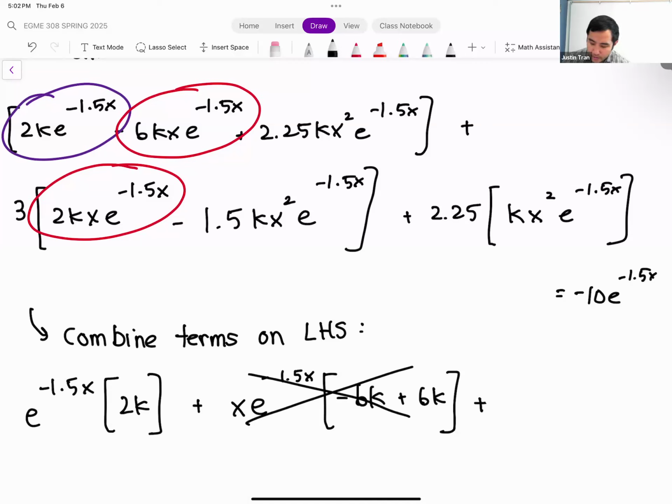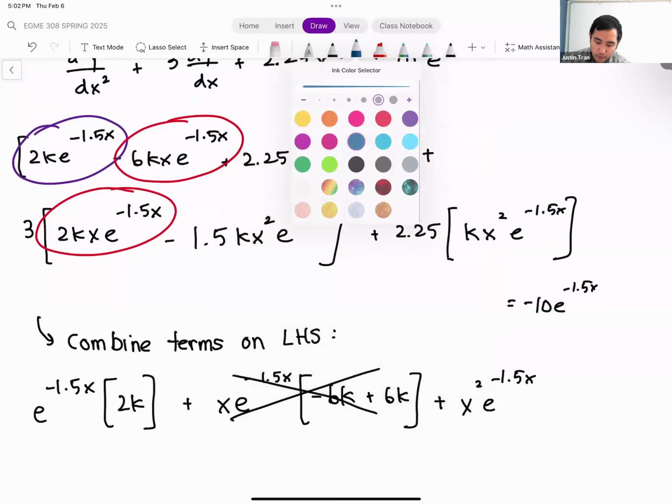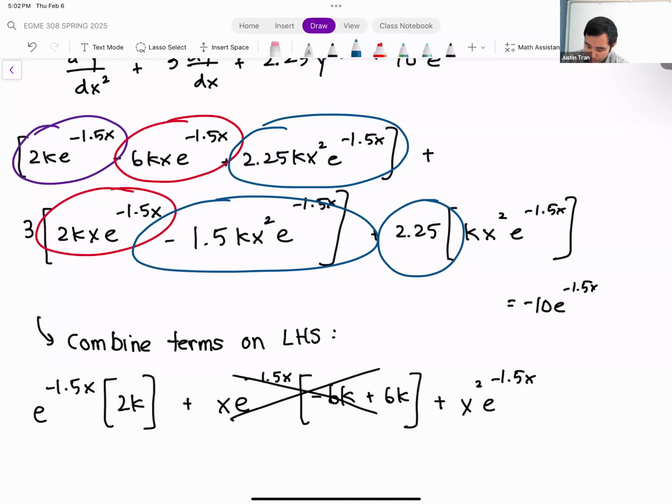All right, and then finally, we're going to sum up all of the x squared e to the minus 1.5x terms. Let's use blue for this. We have a positive 2.25k, a minus 3 times 1.5, and then a plus 2.25 here. So we have a positive 2.25 minus 3 times 1.5, which is minus 4.5, plus positive 2.25, all times k.